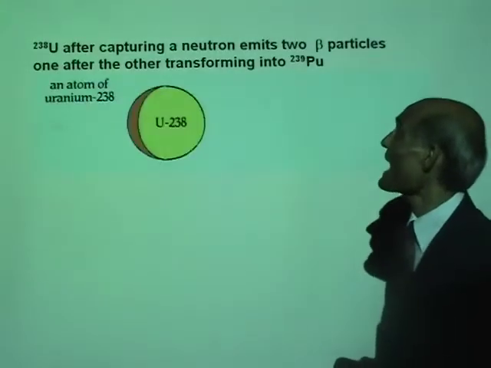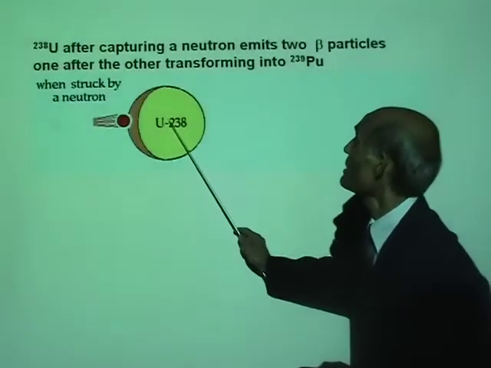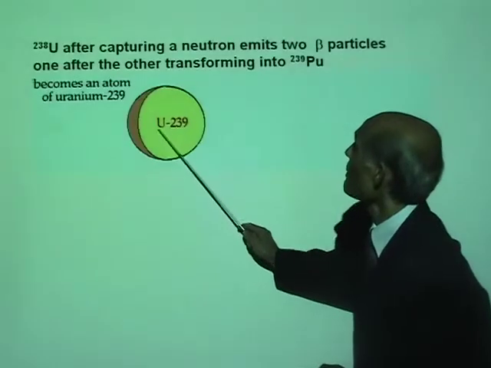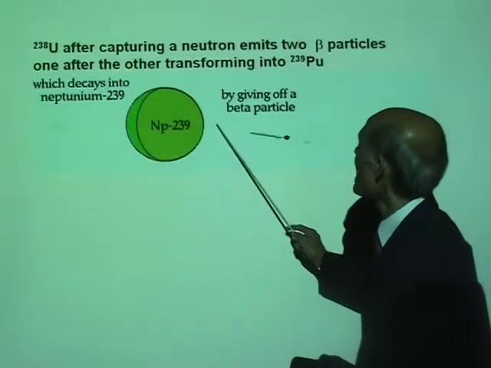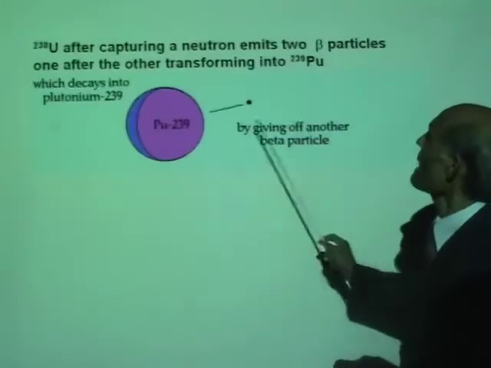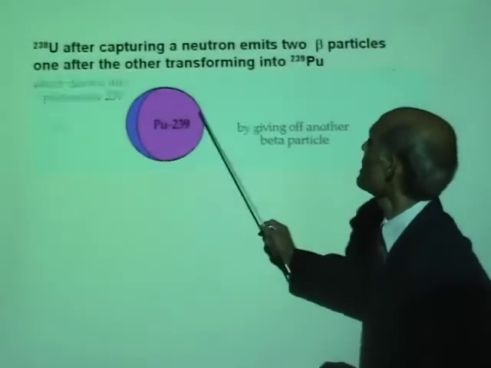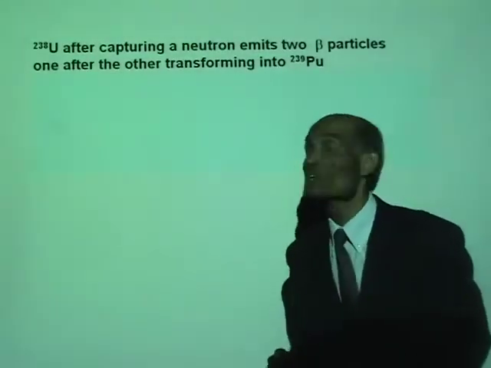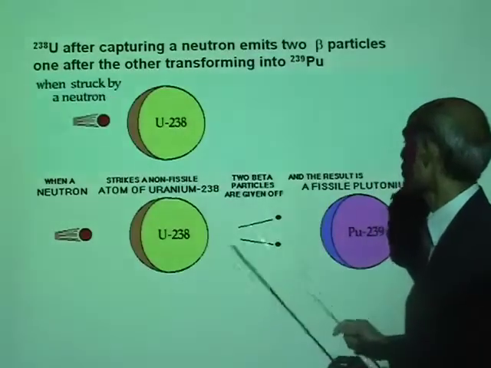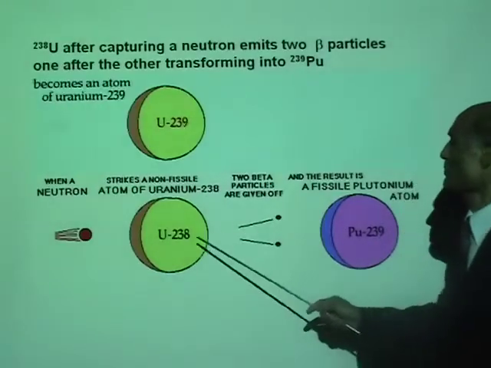Plutonium-239 is a very highly fissionable material. Uranium-238 absorbs a neutron, becomes uranium-239. It gives off a beta particle, becomes neptunium. That gives off a beta particle. Remaining is plutonium.